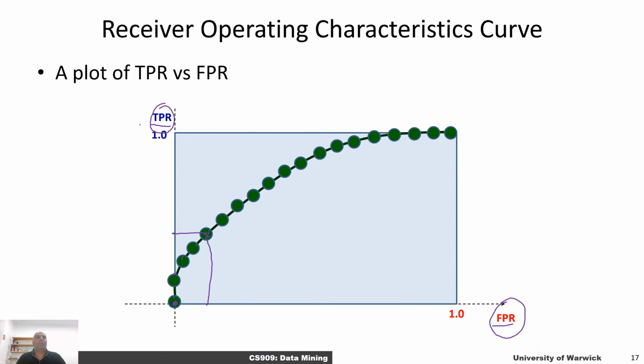Therefore, both your true positive rate and your false positive rate are going to be equal to 1. So this is this point, which corresponds to when the threshold was equal to minus infinity, and this is the point when the threshold is going to be plus infinity. And the other points actually come in between, and they give rise to this curve, right?